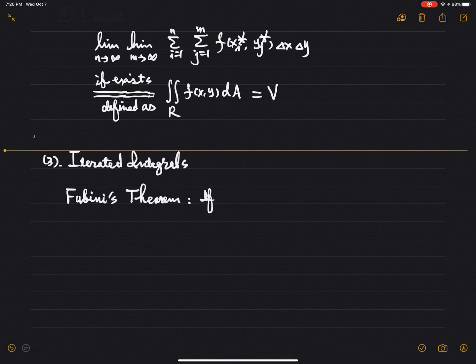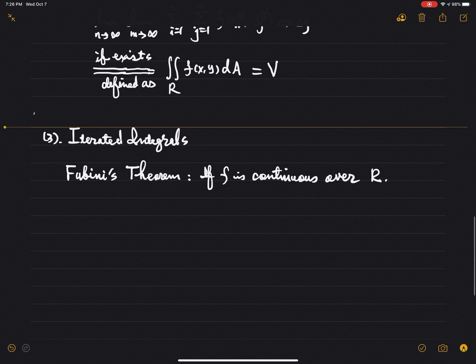So we say if f is continuous over R, where R is a rectangular region, (x, y) with x between a and b, and y between c and d, then we have this.